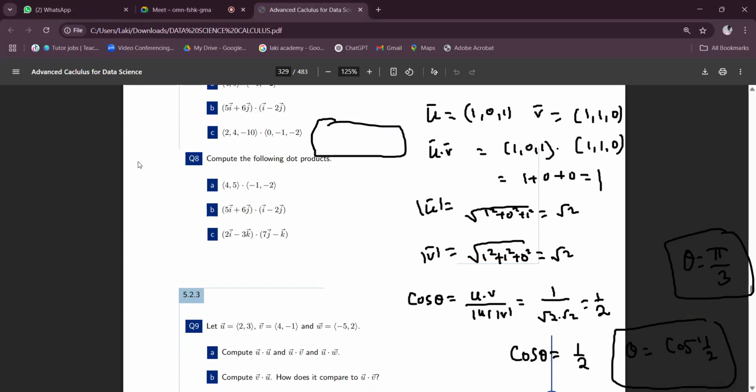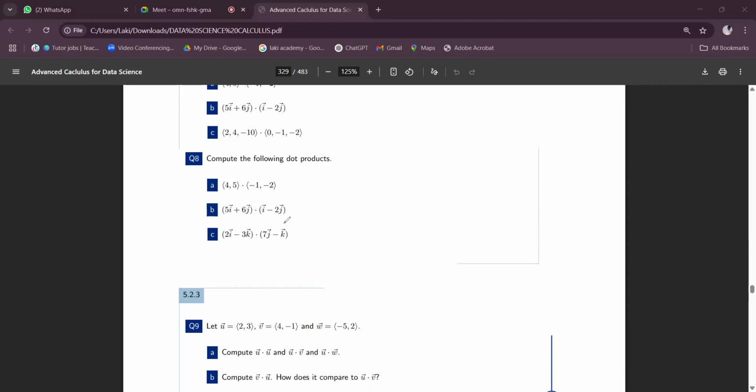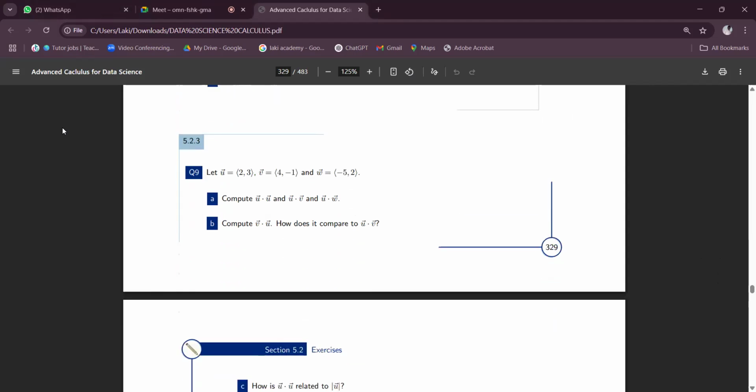We say 2, 0, 3 multiplied by 0, 7, 1. 2 multiplied by 0 is 0, 0 multiplied by 7 is 0, and 3 multiplied by 1 is 3. So the answer is 3.